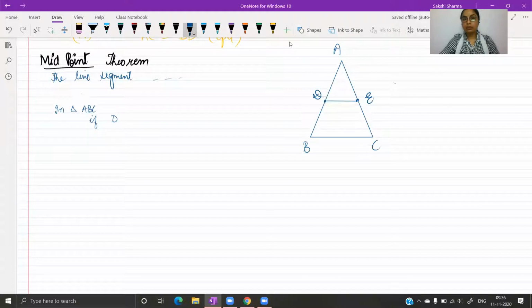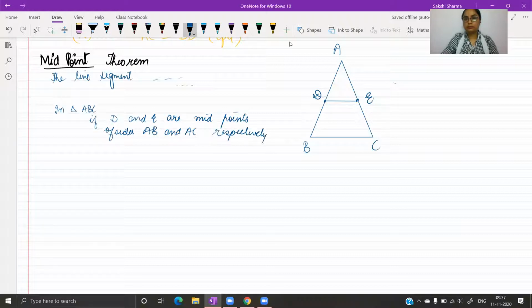So the line segment joining the midpoints of two sides of a triangle is parallel to the third side. Writing it mathematically, let us say we have triangle ABC, and if D and E are midpoints of sides AB and AC respectively. As you can see, I'm talking about two sides AB and AC.